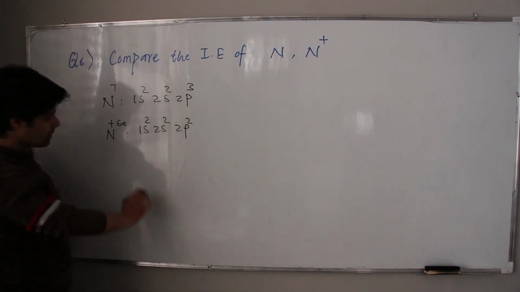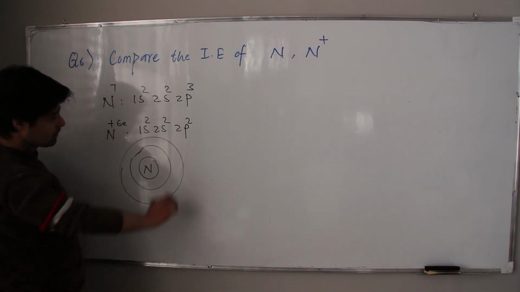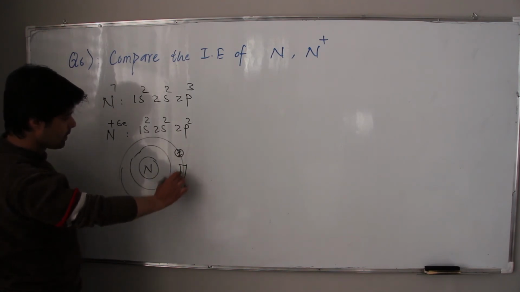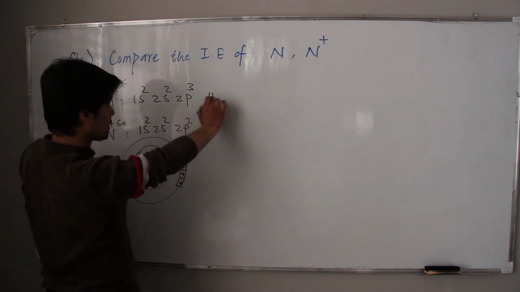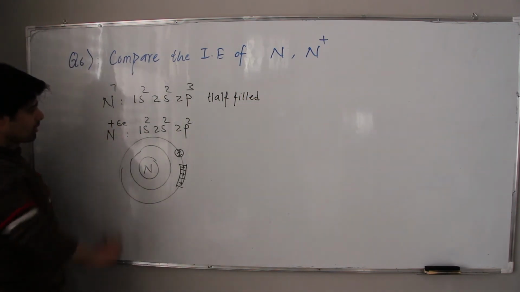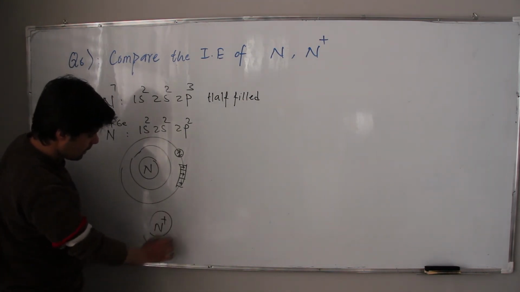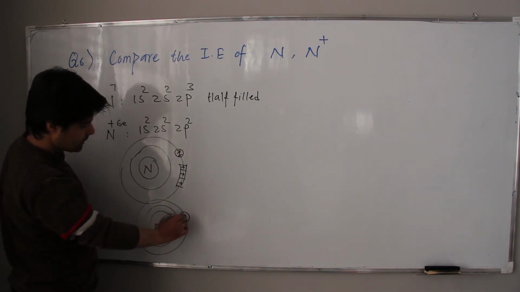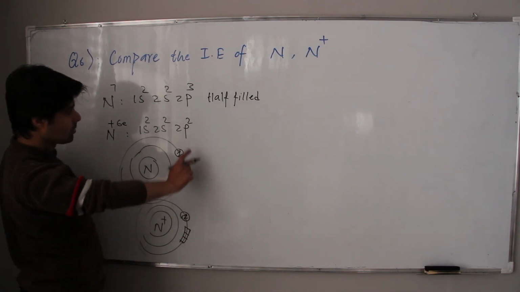Now in here, for nitrogen, we have 2 shells or orbits. We have S and we have P. In P, we have 3 electrons. It means this is half filled. But for nitrogen plus, how many shells does it have? 2 shells. We have S with 2 electrons, and P with 2 electrons.